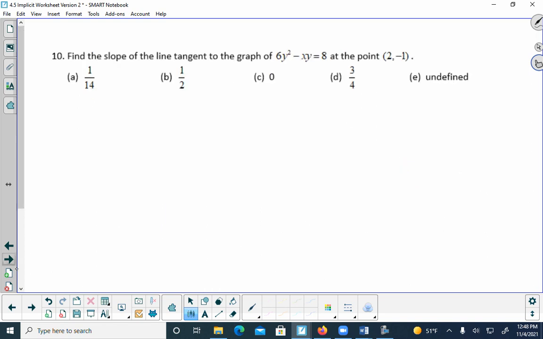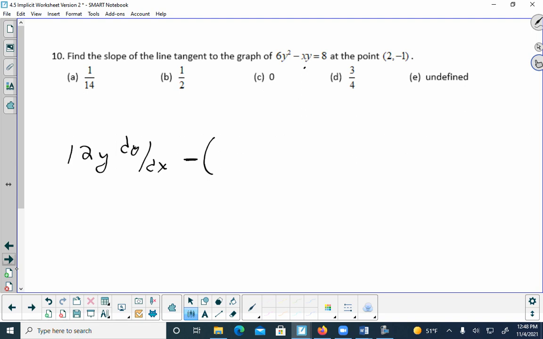And then the last one I have is number 10. It wants me to find the slope of the tangent line, which means I want to find the derivative when x is equal to 2 of that. So the derivative of 6y squared will be 12y dy/dx minus, now I have to do the product rule for this, so I'm going to put parentheses so I remember to distribute this negative sign.